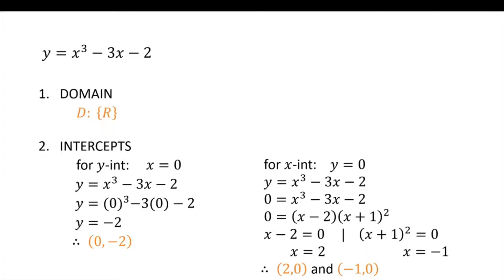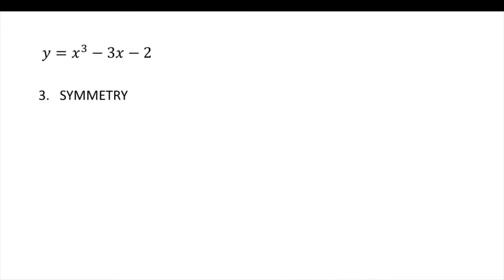Next, let's find out if there is symmetry in the graph of the function. This has something to do with mirror images. We have symmetry with respect to the x-axis, symmetry with respect to the y-axis, and symmetry with respect to the origin.